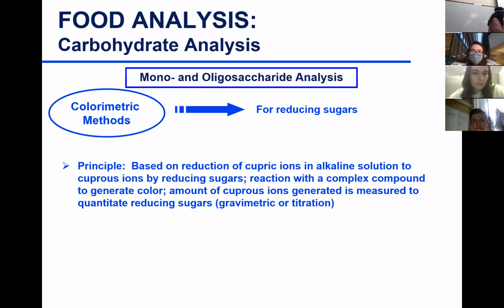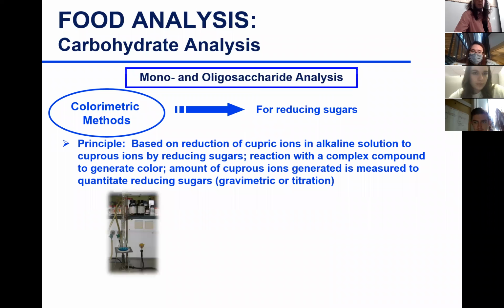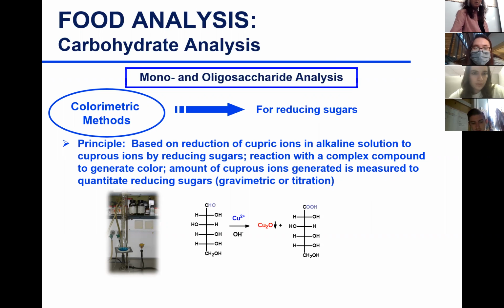The cuprous ion that is produced, this is the equation actually. This is the old setup where you would have your sample with the reagent and it's blue because of the cupric ion in there giving you that blue color, and this is the reaction. So you have your reducing sugar, you have cupric ion.